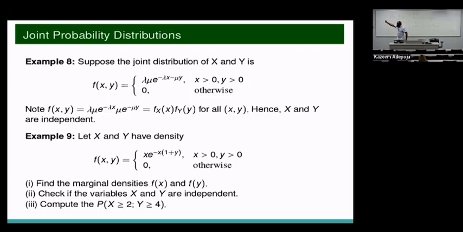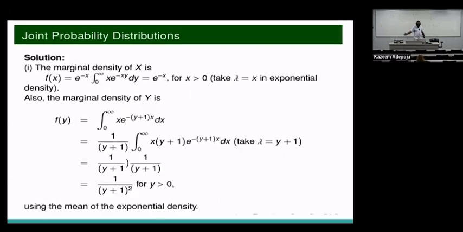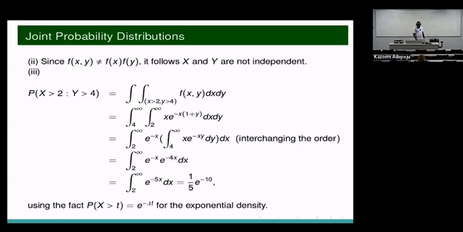And check if the variables x and y are independent. If you multiply your marginals, f of x and f of y, and it gives you the joint, then they are independent. Then you can compute that. I think I put something here, which is what I've already explained to you before. Take a look at all of that. That's super easy. Any question before I go?